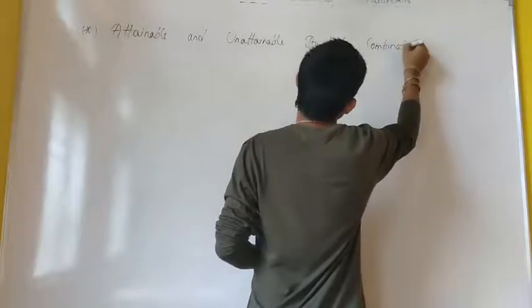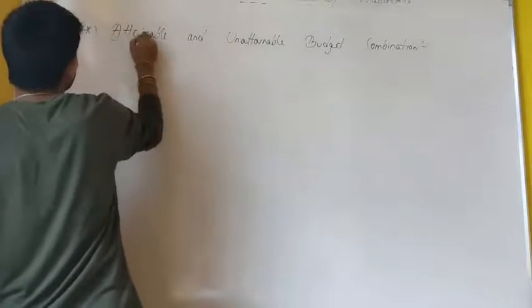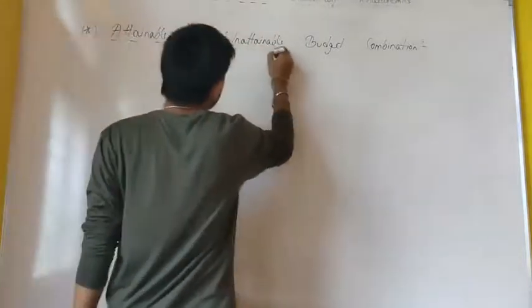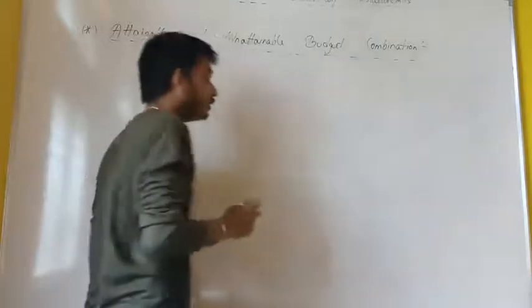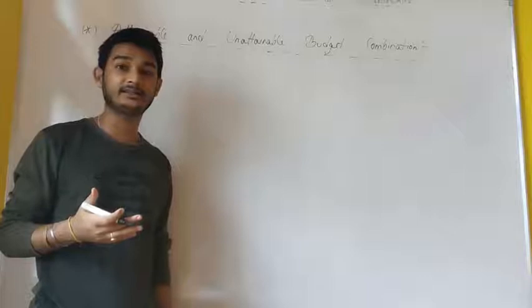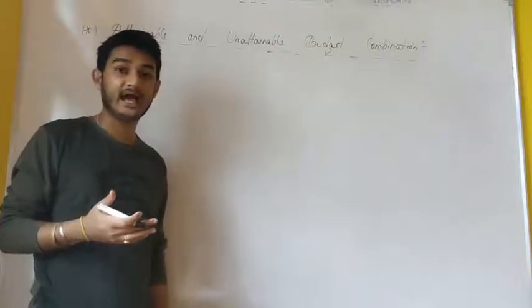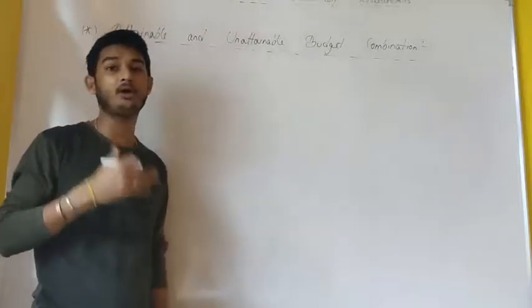Well, students, we already know what a budget constraint is from our last class. That budget constraint says that we have a limit, and that limit is basically our money income, and we cannot go beyond our money income.